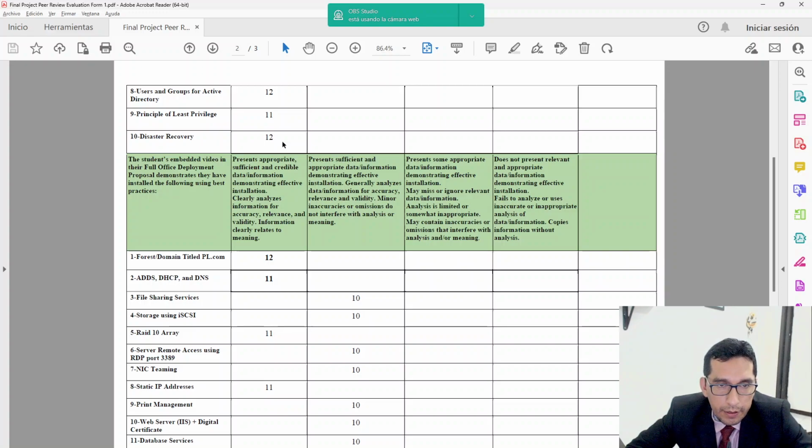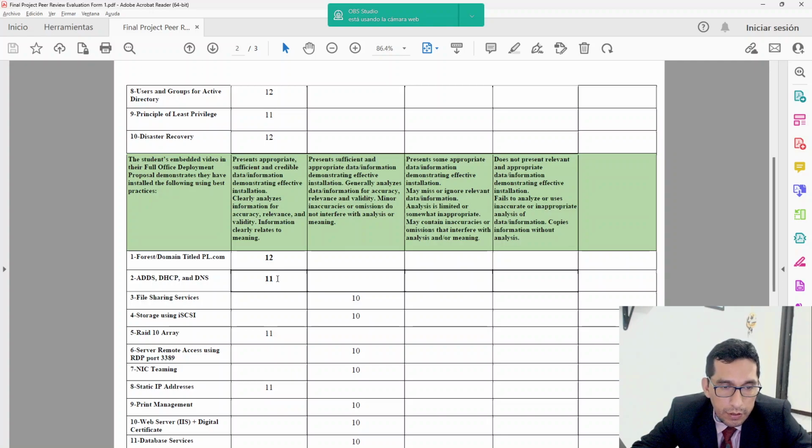The second part is about the video. The information that we watched is very important too. It's very clear. I can see the forest domain, the name pl.com, the ADS, the DHCP and DNS.